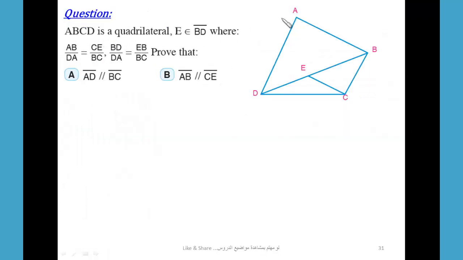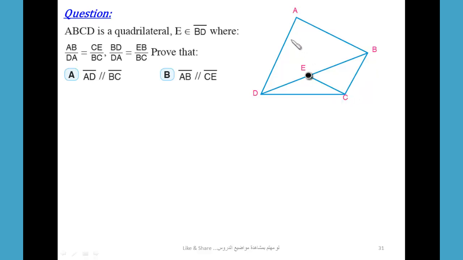ABCD is a quadrilateral, and E belongs to BD, where AB over DA equals CE over BC, and BD over DA equals EB over BC.